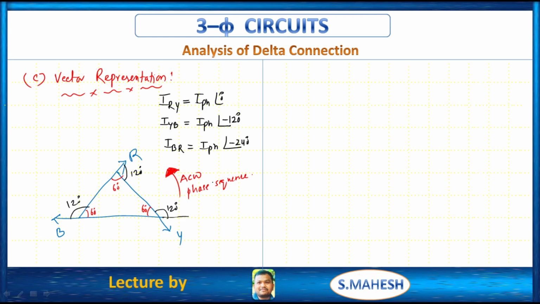So for better understanding, we can draw any phasor with respect to three-phase circuits in star notation, right? Therefore, first we can draw, let us say this is I_RY, the phase current. After 120 degrees of this, we get I_YB. After 120 degrees of this, we get I_BR.